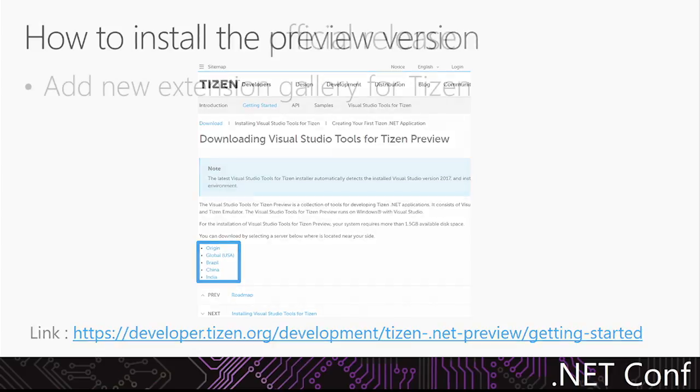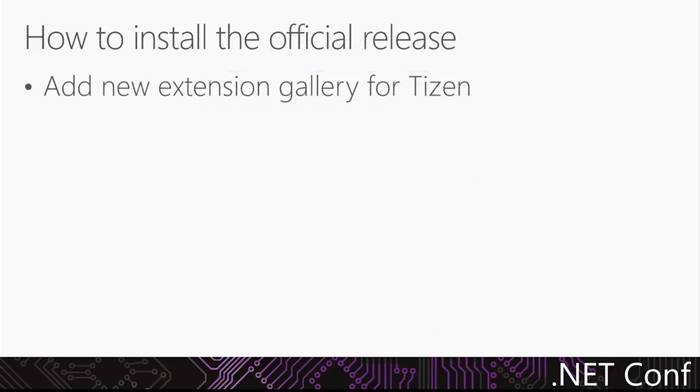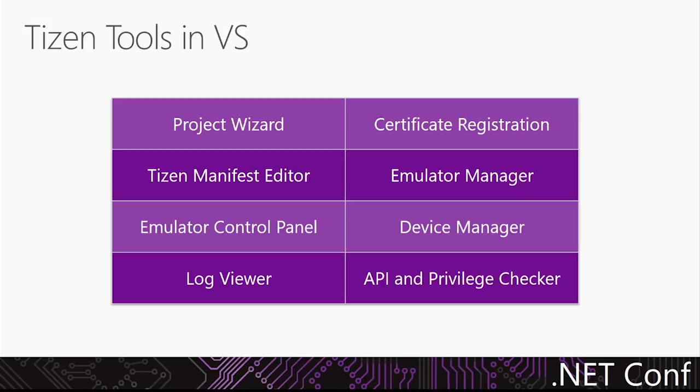When we release the official version, you can install the Tizen tools from the gallery in Visual Studio. Tools included here are the Project Wizard, certificate registration, Tizen Manifest Editor, emulator, device manager, and so forth. So it's typical tools to support developers.